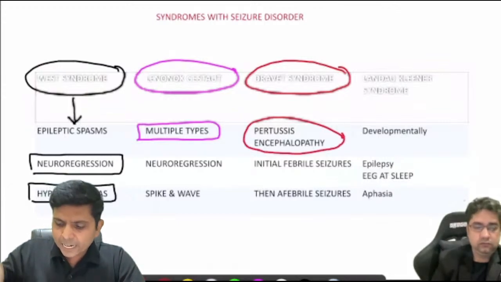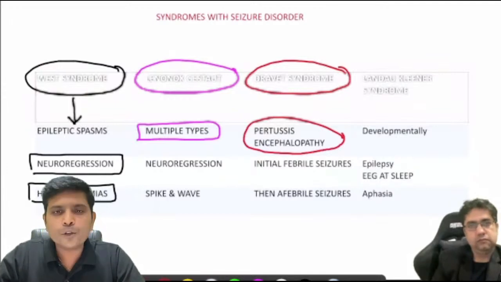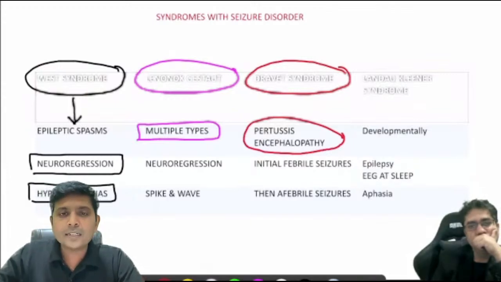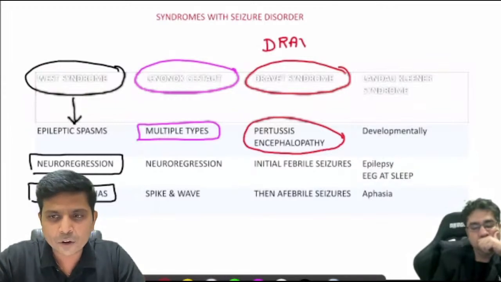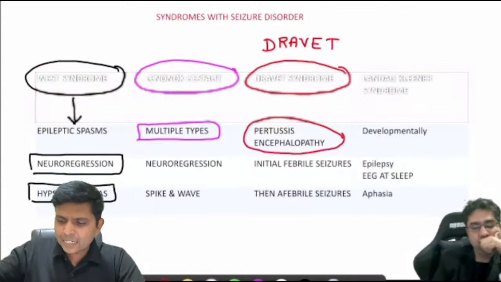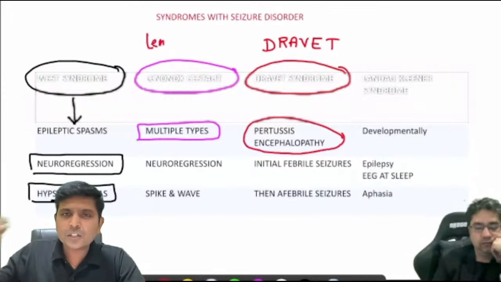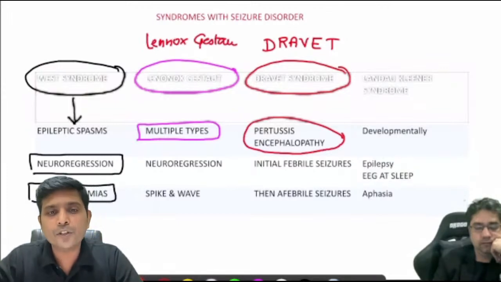Whenever any child worsens after a dose of pertussis vaccine and the child is encephalopathic with altered sensorium after receiving this vaccine, we call it vaccine-induced encephalopathy. If this vaccine-induced encephalopathy leads to continuous seizure on and off, it is otherwise called Dravet syndrome.